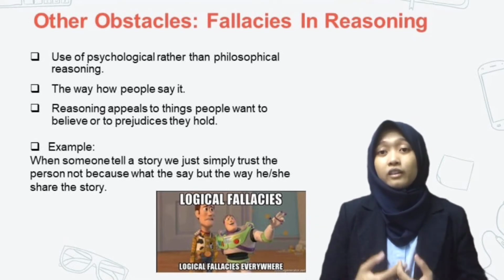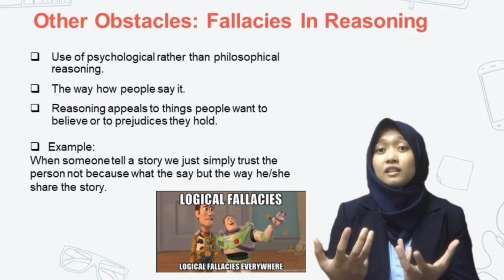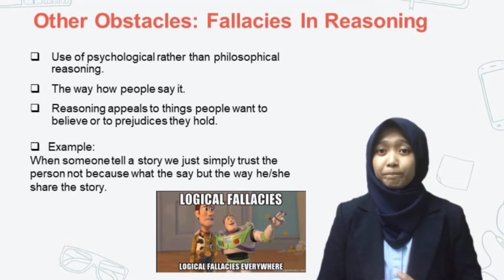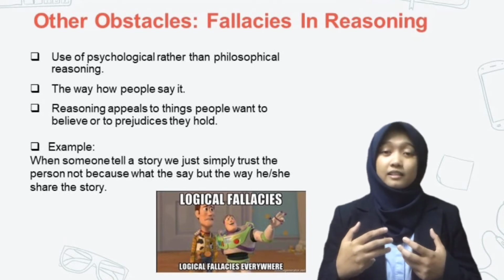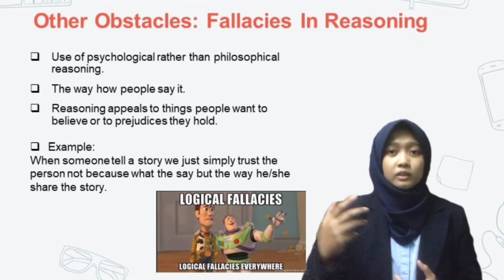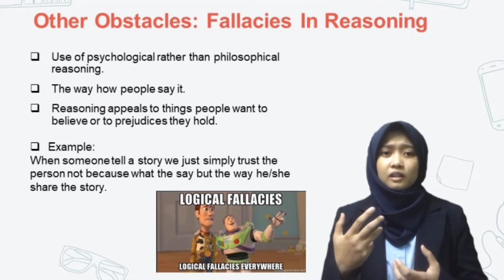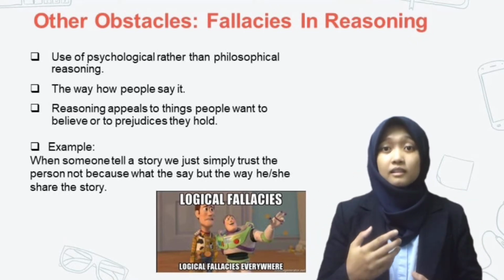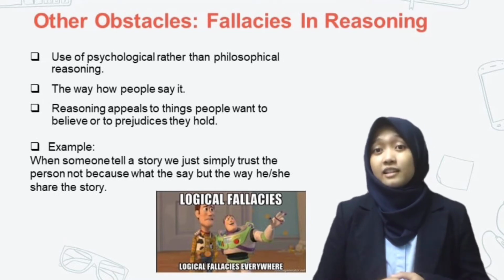The way they tell you something will make you trust them, and the way they express something will make you highly convinced by them. For example, Rizman can say to Adli that he can shoot the ball without looking at the net, and Adli trusts Rizman, not because of what Rizman says, but because the way Rizman told Adli is very convincing. That is fallacy in reasoning.